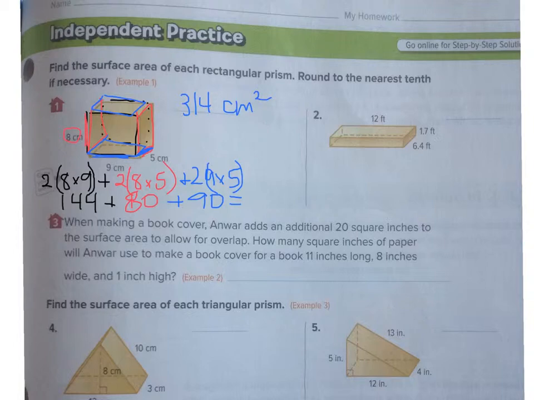For this next one, I'm going to do the exact same thing as I did with number 1. So our first side is this one, which is measured at 1.7 times the length of it, which is 12. And there's 2 of them with the opposites that measure the same.